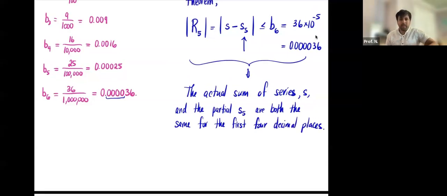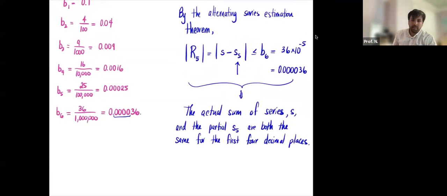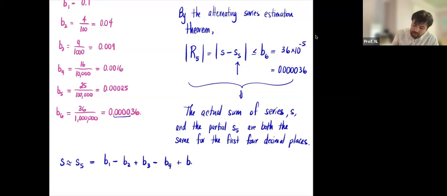That's the conclusion I am making according to the alternating estimation theorem. So all I can say now is that the actual sum is approximately the first 5 terms of the series, which just entails adding b sub 1 minus b sub 2 plus b sub 3 minus b sub 4 plus b sub 5.